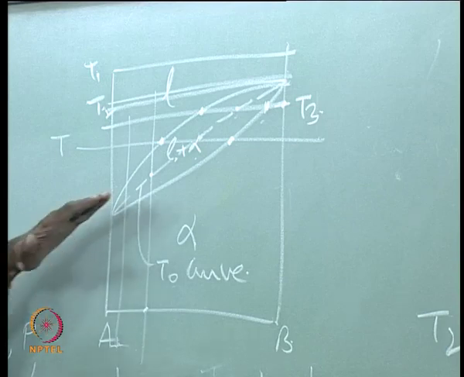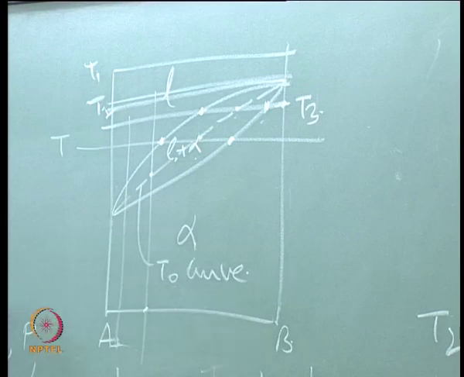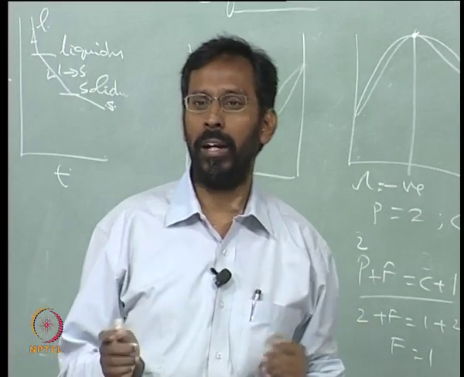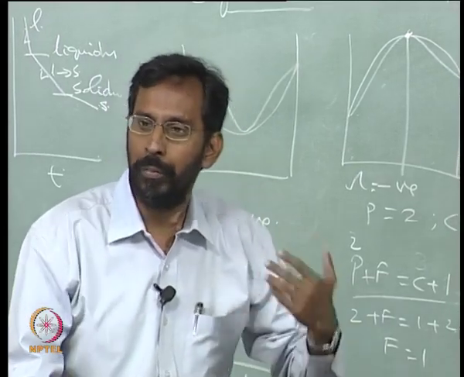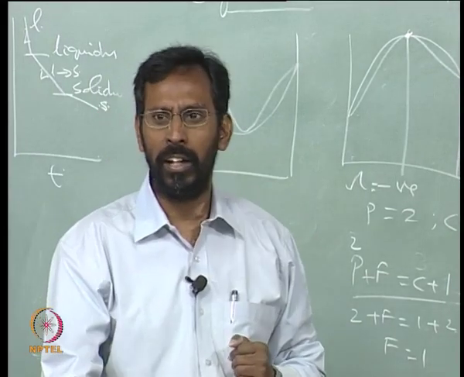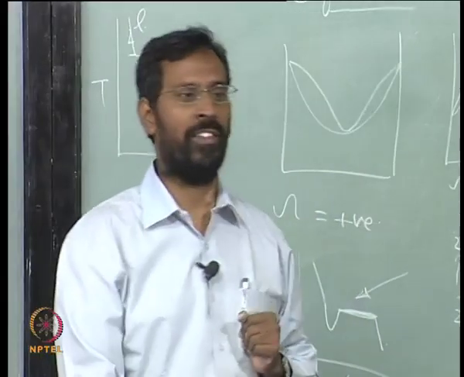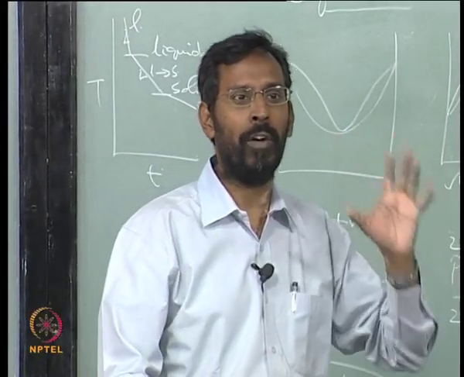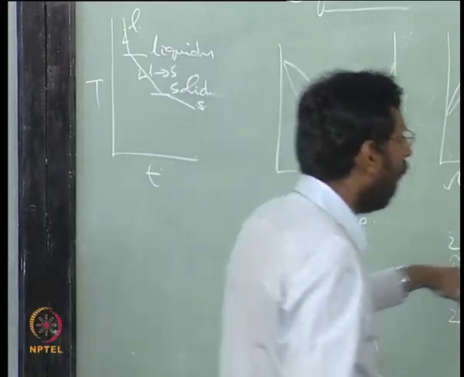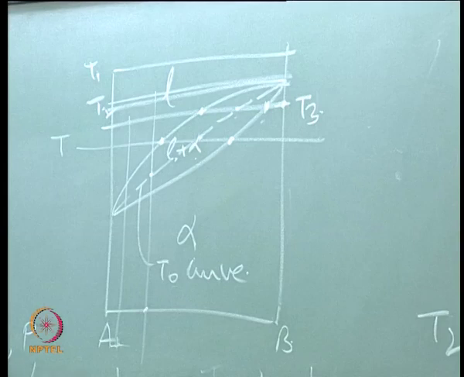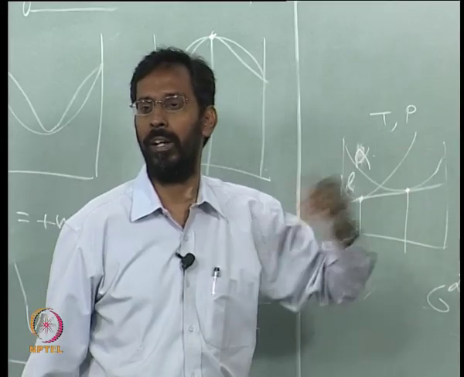So, this is how we can in principle calculate phase diagrams, and the more complicated it is, for example, if it is a eutectic, you have to add one more phase, liquid giving alpha plus beta. So, in principle I should calculate the free energy of liquid, free energy of alpha and free energy of beta.